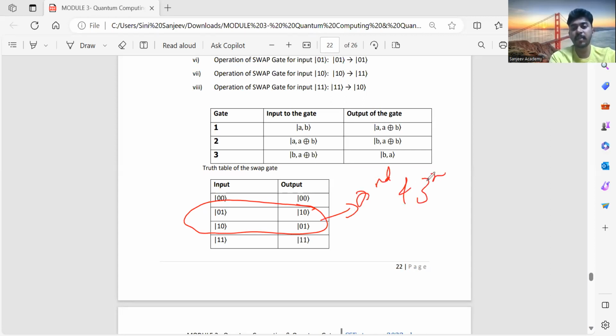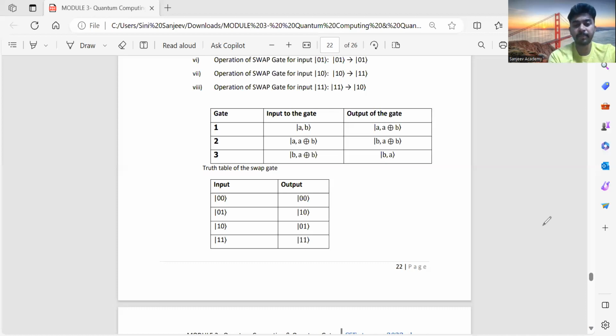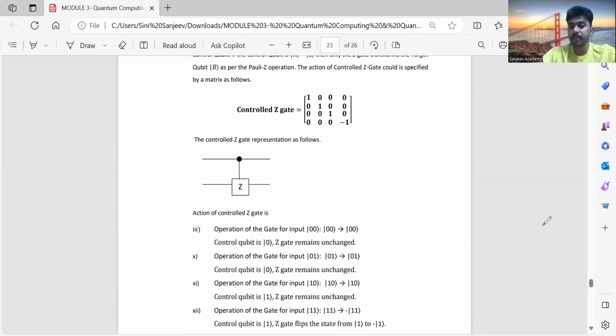The first and last are the same. So I think it's clear. If you know the truth table well, we can do it properly.